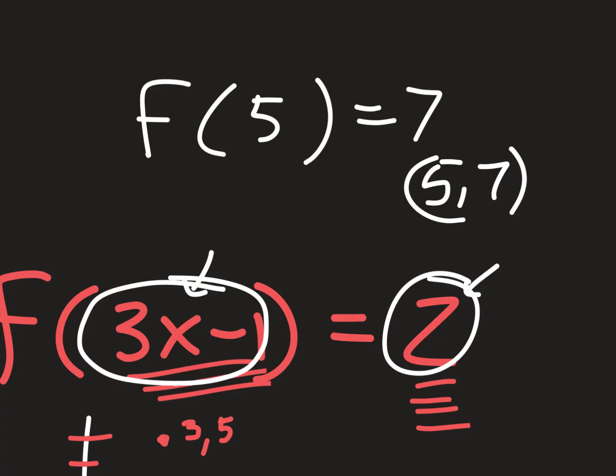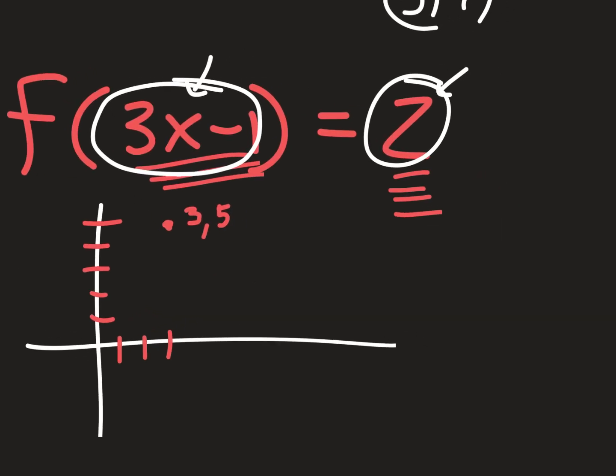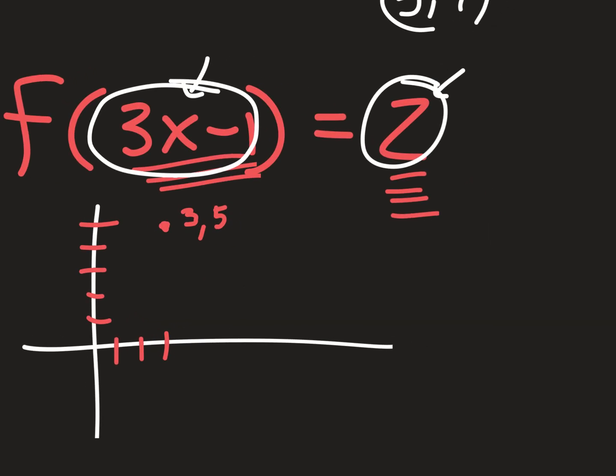Cool. So we need f of something to be 2, but that means the y has to be 2. See? So I have to give you a point where y is 2. So I'm going to give you this point where y is 2. We'll make the line go like this.